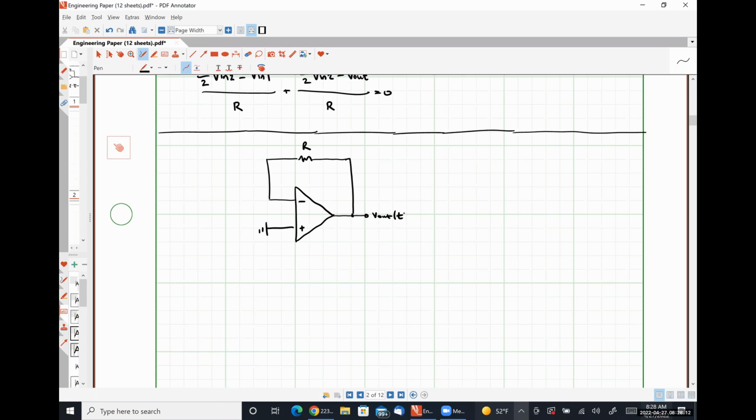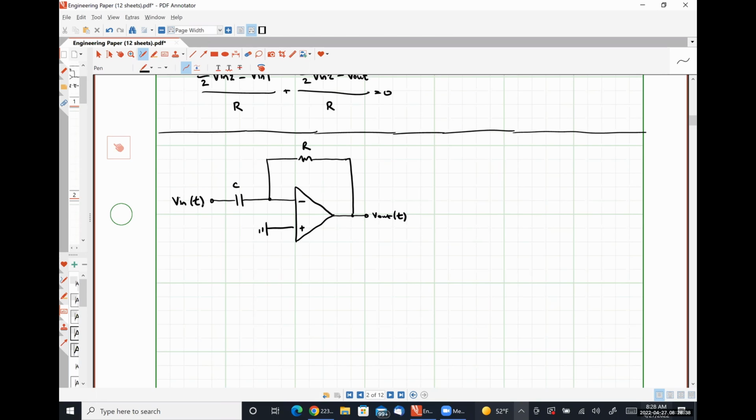And we're going to take our output voltage as a function of time at the output pin. And then what we're going to do here at the inverting input is put a capacitor. And let's call this Vn of t. Okay.